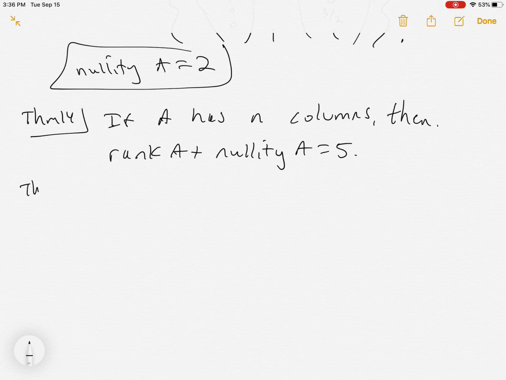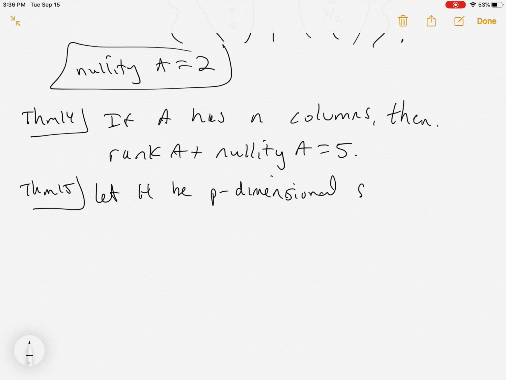And then theorem 15, which is an old friend of mine. It's long-winded, but it's very useful. So we're going to let H be a P dimensional subspace of Rn, right? And clearly P is less than or equal to n, or it wouldn't make sense.